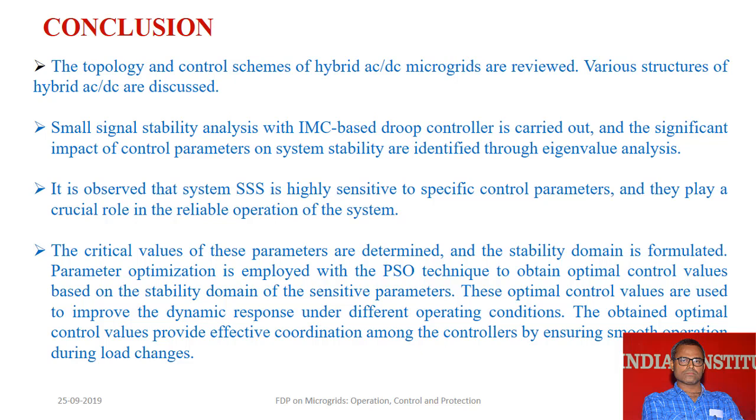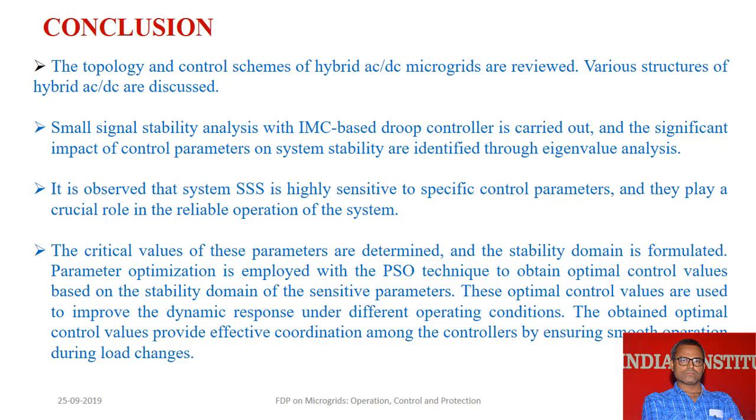Then we observed that the small signal stability of the system is highly sensitive to specific control parameters, and they play a crucial role in the reliable operation of the system. The critical values of these parameters are determined and the stability domain is formulated. Parameter optimization is done using PSO. These optimal control values are used to improve the dynamic response under different operating conditions.